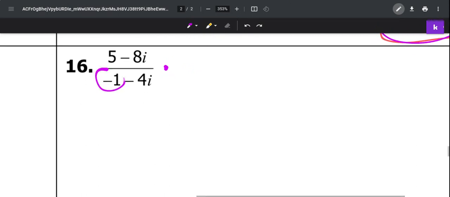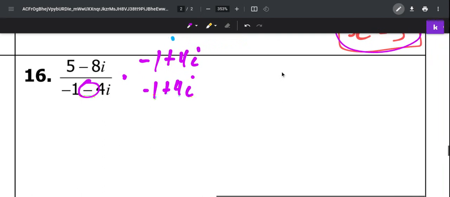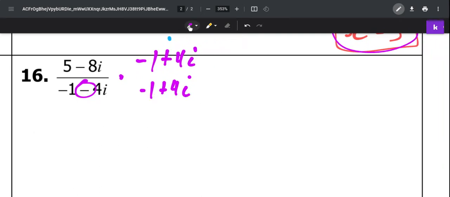That means don't pay attention to this sign. Pay attention to the sign that's in the middle. So the complex conjugate here would be negative 1 plus 4i on the top and on the bottom, which means we would end up with this.